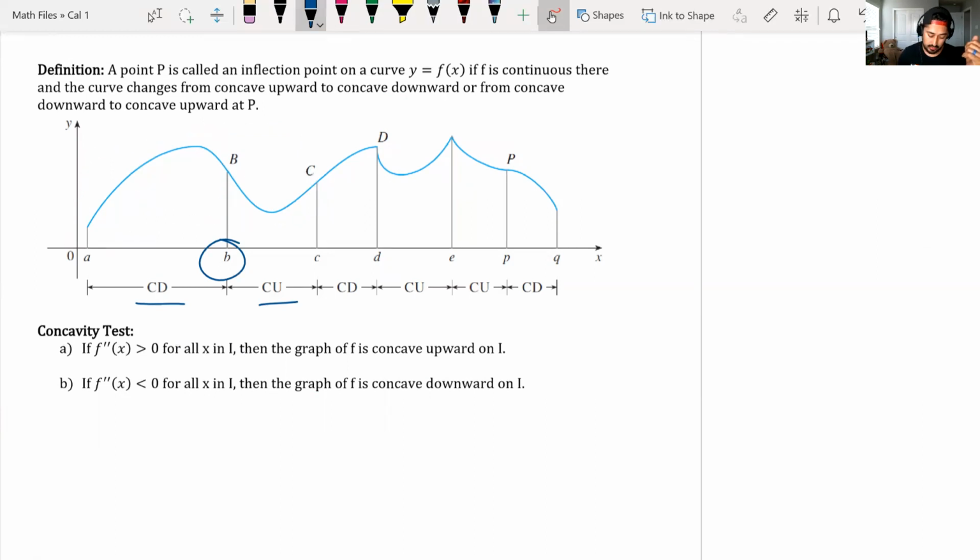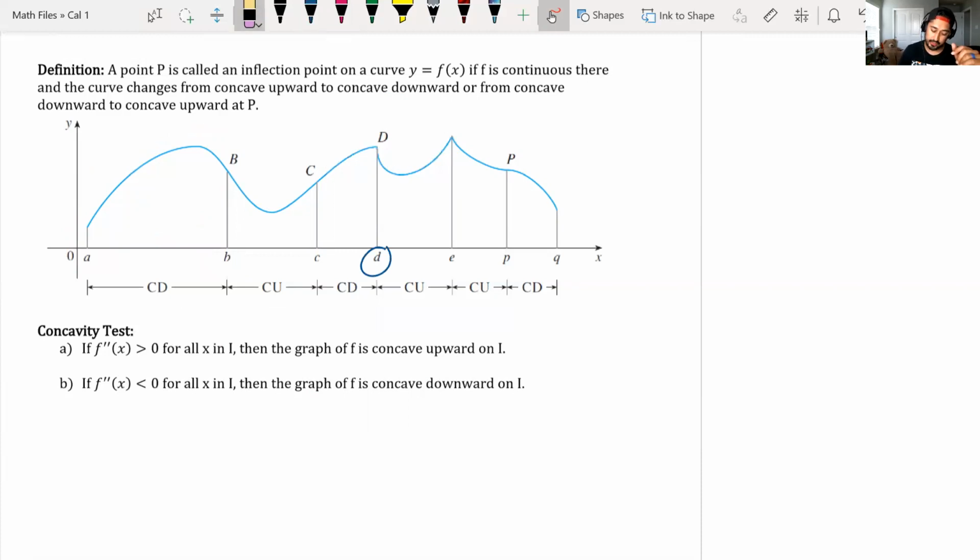Okay. And then C would be an inflection point because it goes concave up to concave down. And then D would be an inflection point because we were going down and now we're going up.